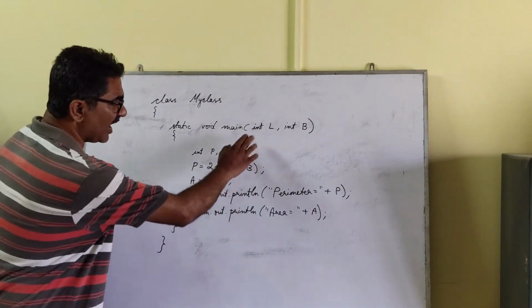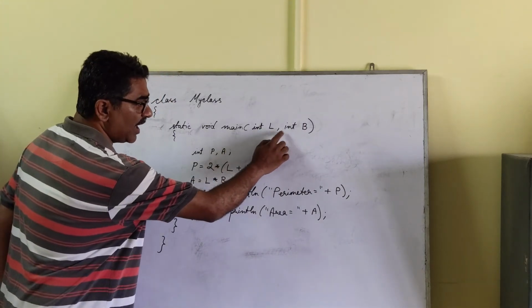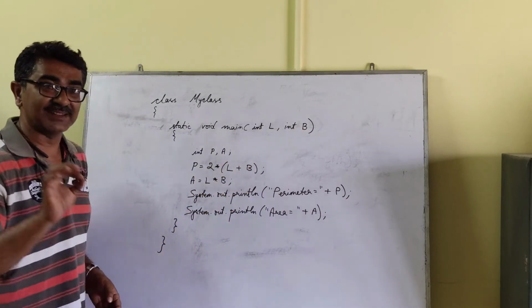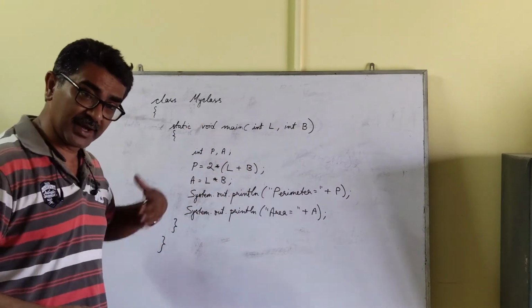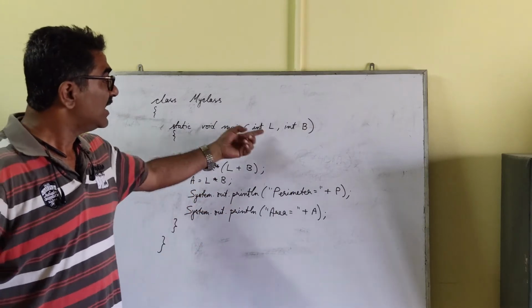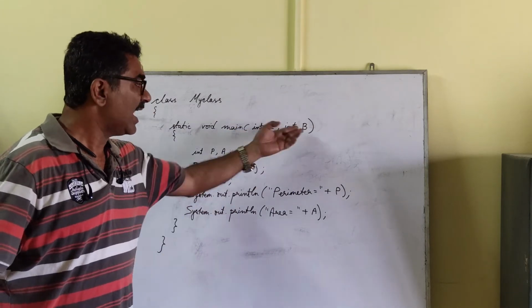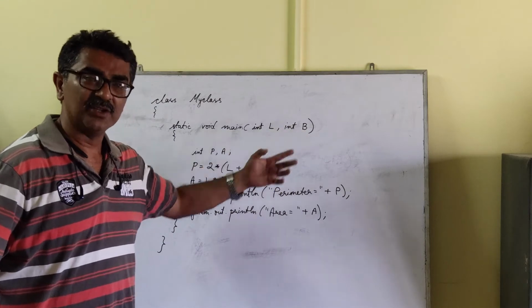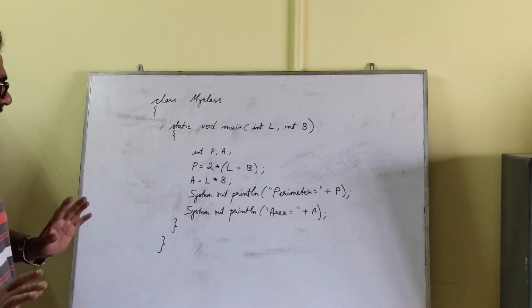So here we have int L, comma, int B to represent the length and breadth of the rectangle. So when you execute this method, the first thing that BlueJ does is it accepts the value for L and the value of B to represent the length and breadth of the rectangle.